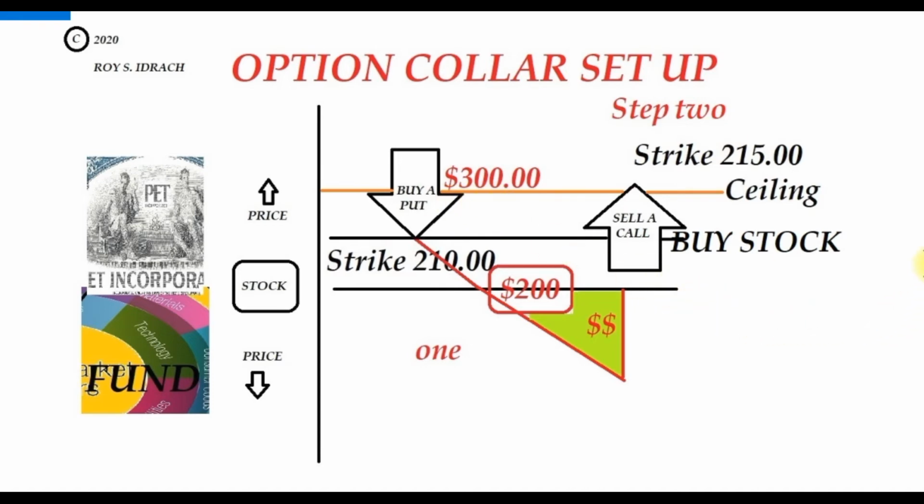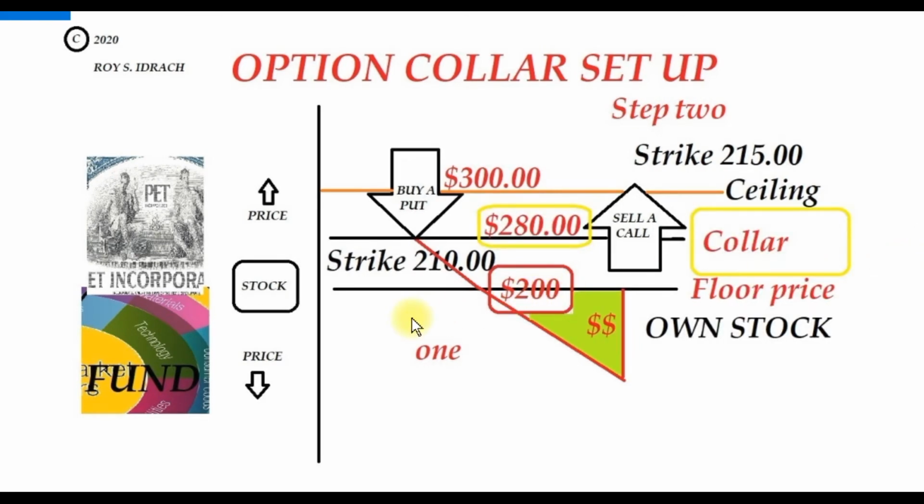Okay, so now you're going to have a collar. This is step 2. Now we got the collar. So when you sell the call, right, you bought $300 for the option, the put. You bought the put here for $300. Okay, you already bought the stock at $200.